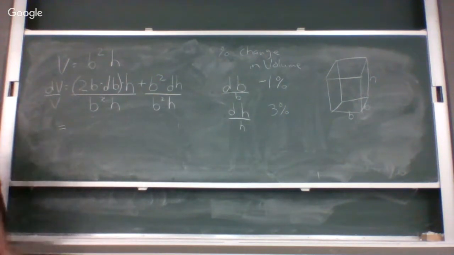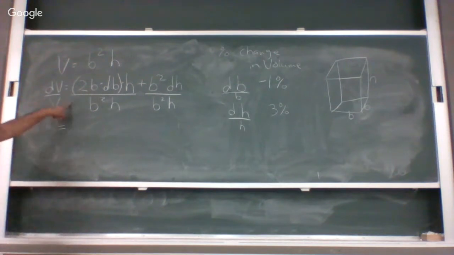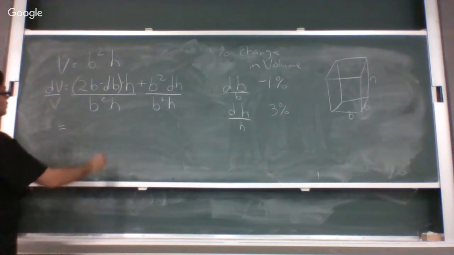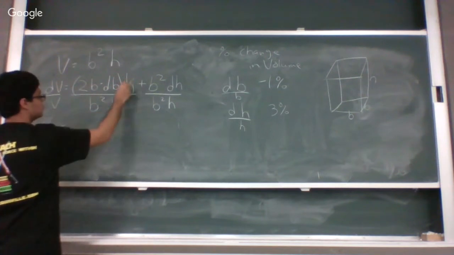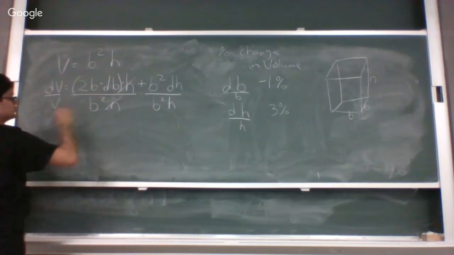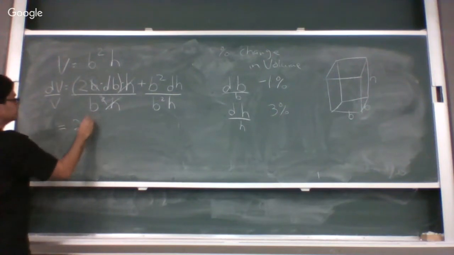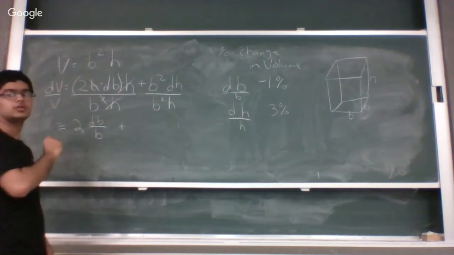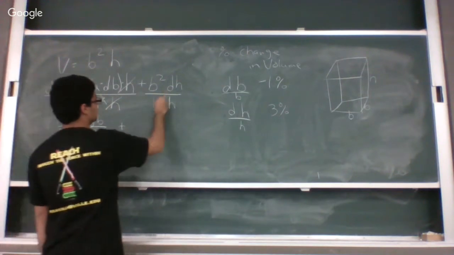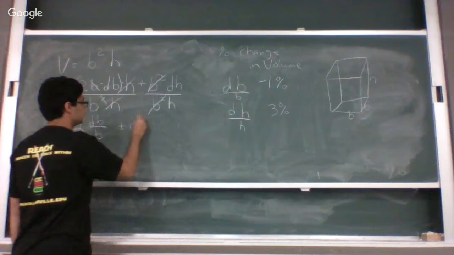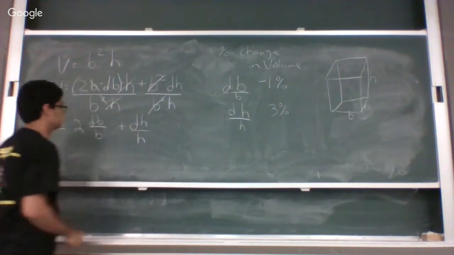So this makes it look a bit nicer. So we have the h's cancel. One of the b's cancel, so we get 2 dB over b. On the right side, both the b's cancel, and we're left with dh over h.